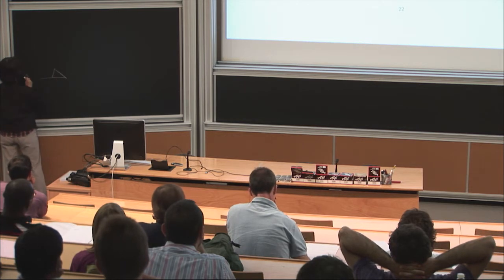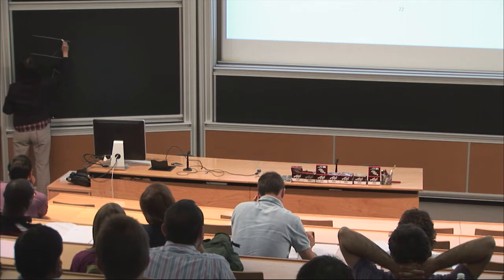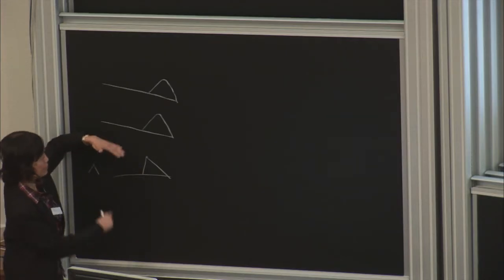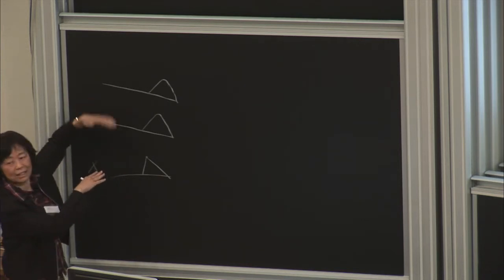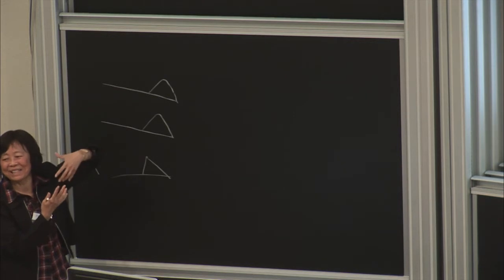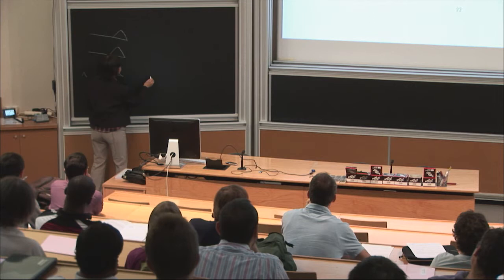Say this is my X, and I take 2 copies of this. If I do nothing, then I have 2 disjoint copies of X, and that's not interesting. So I want to make it connected. What do I do? This has to be a cover, so I choose any edge.